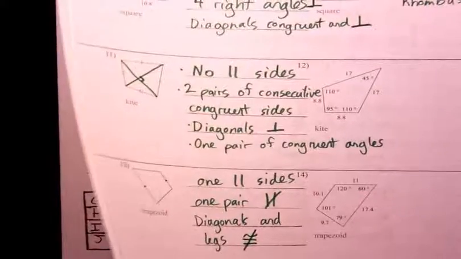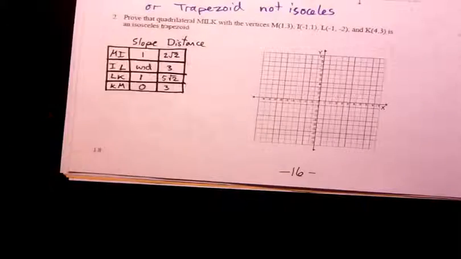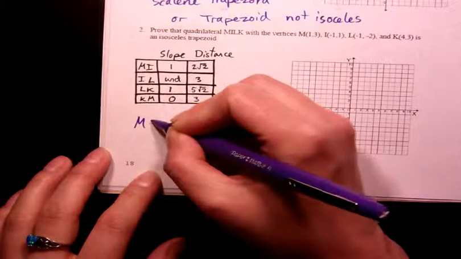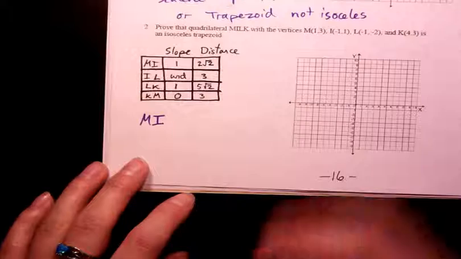Alright, you guys, one last shape, and we are done with notes for this packet. Okay, so this time I'm going to start. MI is parallel to what? Okay.